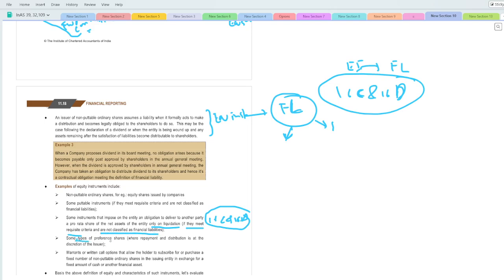And some type of the preference shares where the repayment and the distribution is at the discretion of the issuer. ठीक है.